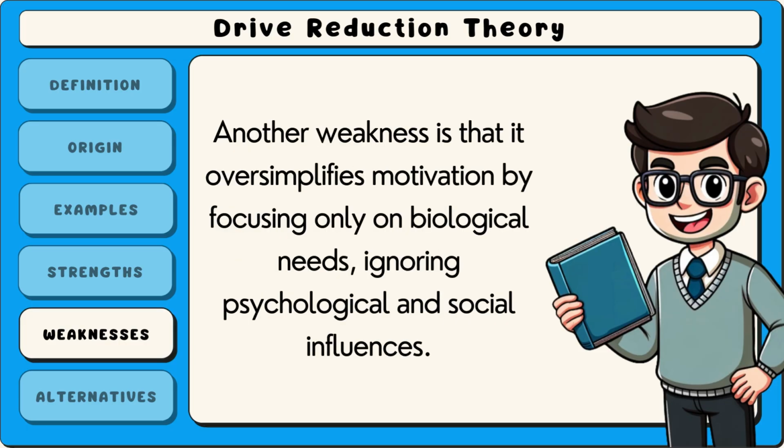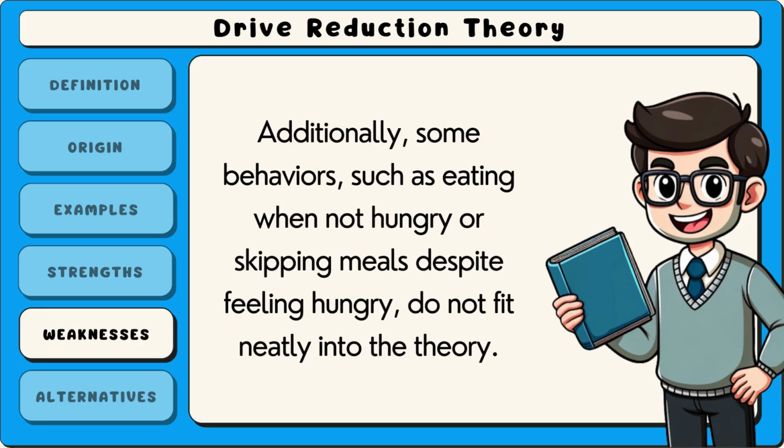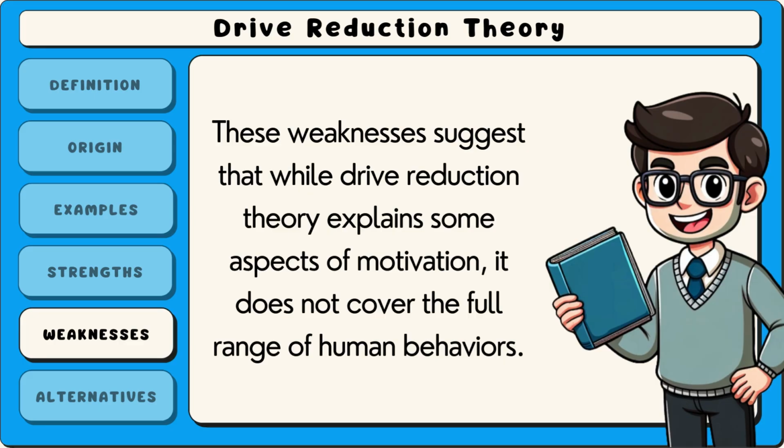Another weakness is that it oversimplifies motivation by focusing only on biological needs, ignoring psychological and social influences. Additionally, some behaviors, such as eating when not hungry or skipping meals despite feeling hungry, do not fit neatly into the theory. These weaknesses suggest that while drive reduction theory explains some aspects of motivation, it does not cover the full range of human behaviors.